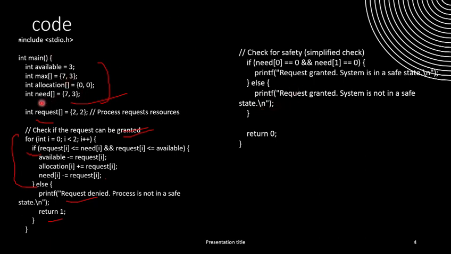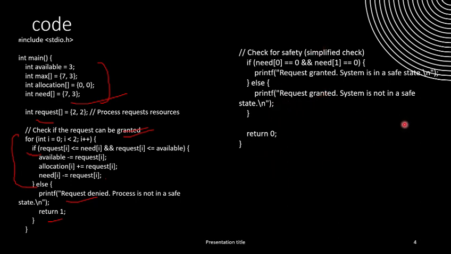So here we have given this, and we check this condition to see what is going to be printed. It prints request is granted, system is not in a safe state.